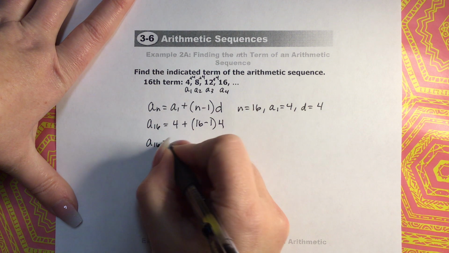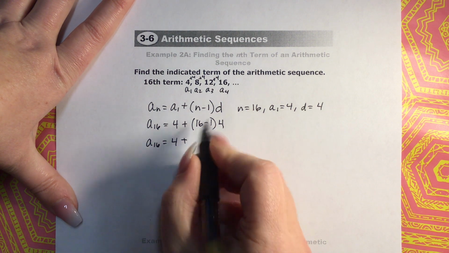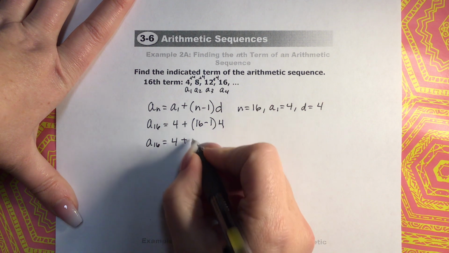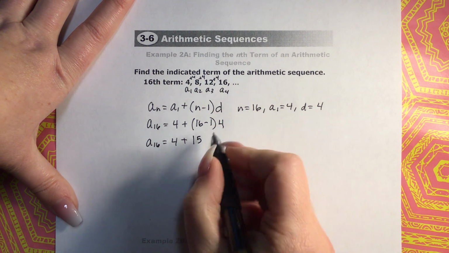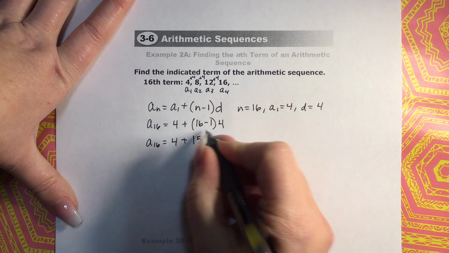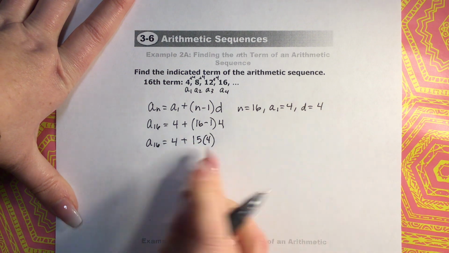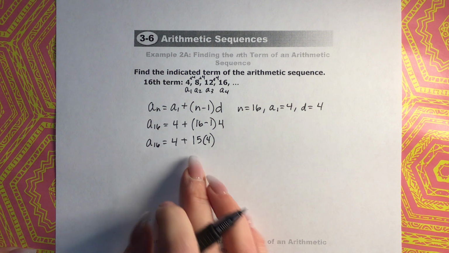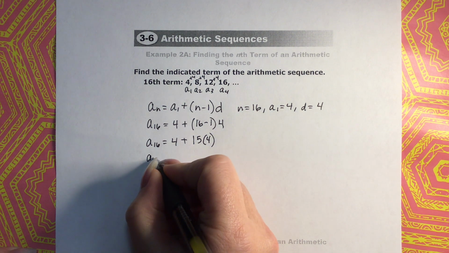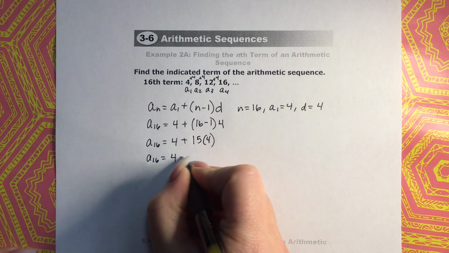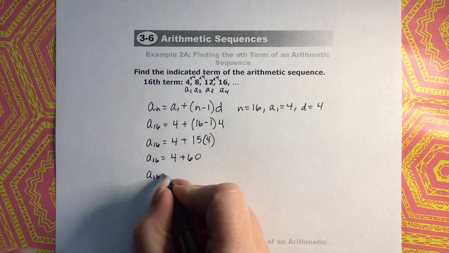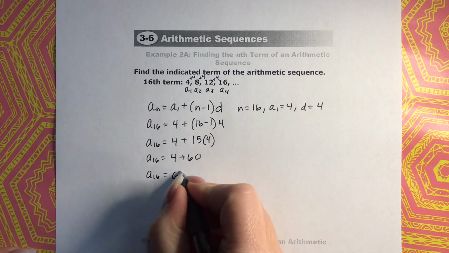So we get a sub 16 equals 4 plus, 16 minus 1 is 15. I don't know what's going on in my brain. I'm saying the answer versus what's written. Okay. And then we have to do this multiplication. So 4 times 15, that is 60. And then lastly, we just add these two together, and we end up with the 16th term equaling 64.